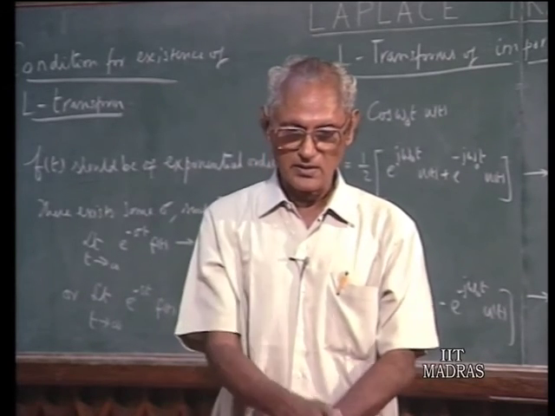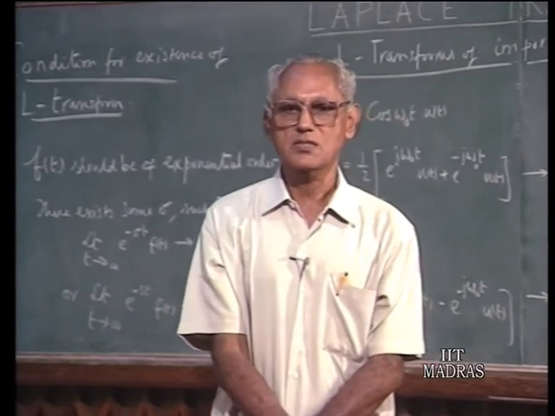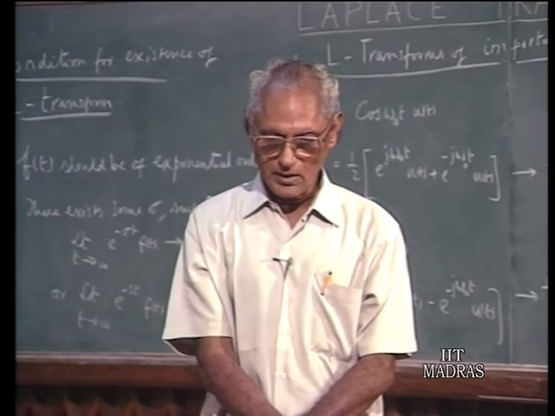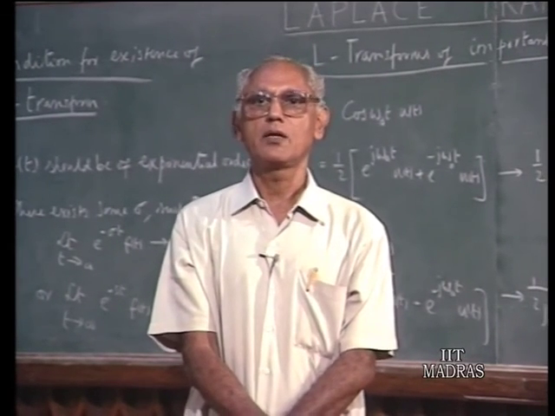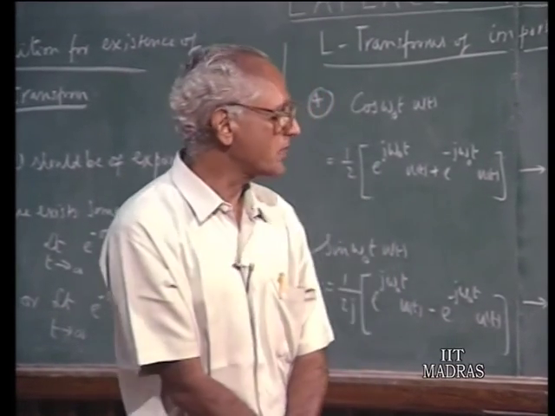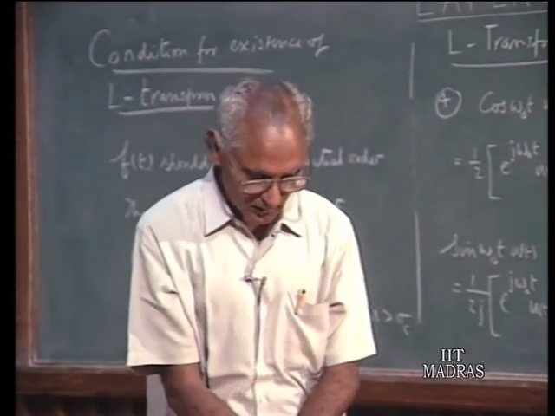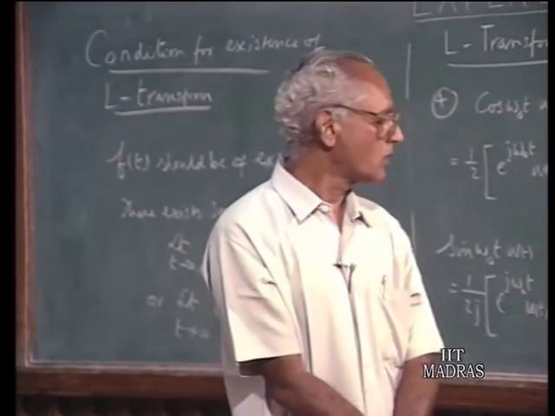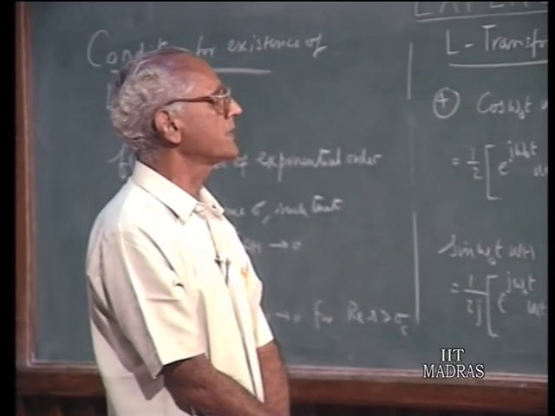And this integration is along a vertical line in the region of convergence. The region of convergence is defined by the half plane where the real part of s is greater than a particular value which is called the abscissa of convergence, and this abscissa of convergence depends upon the particular function that we have on hand. And we then took up the consideration of Laplace transformation of various important time functions.